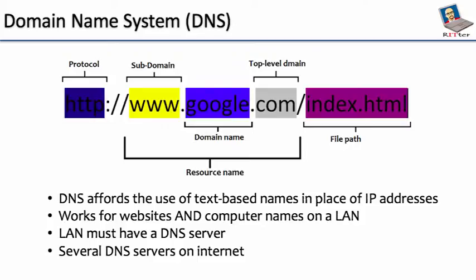For this to work, a LAN must have a DNS server running, which again is a bit of software that would be running on a server somewhere to allow this to work. And there are also DNS servers on the internet that, rather than run your own, you can point your network DNS at, and they maintain big databases of what domain names are in use and what IP addresses they relate to.